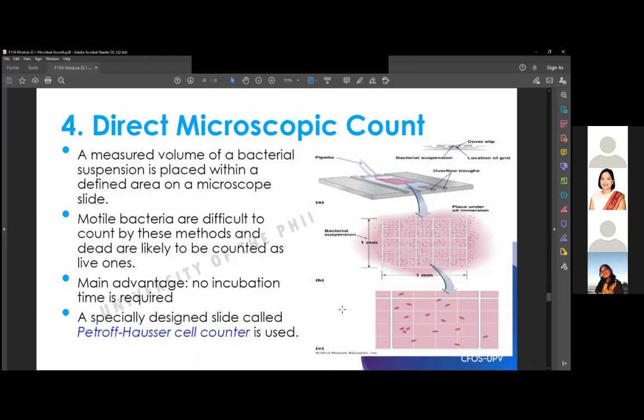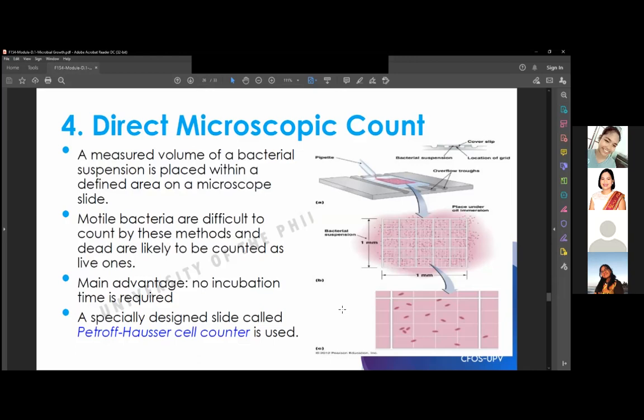Kasi 'di ba hindi mo siya makakount kung patakbo-takbo yung mga bacteria. So, ano yung naiisip niyo na strategy that would help you effortlessly count your bacteria?